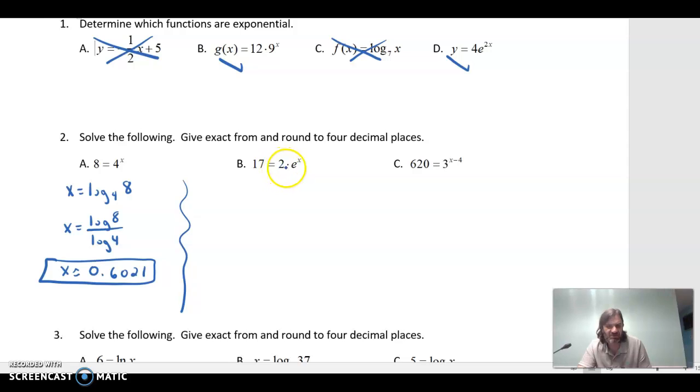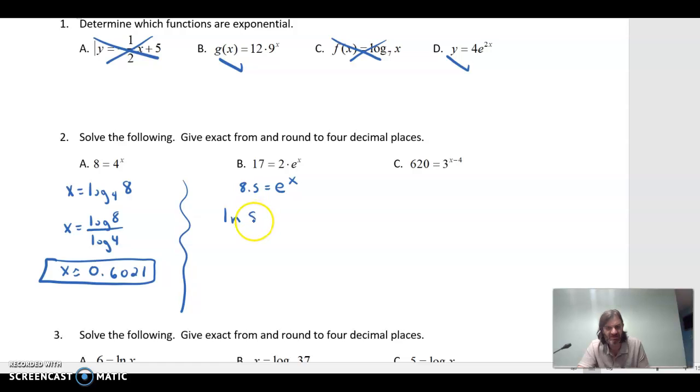The next one, B. 17 equals 2 times e to the x. Once again, the unknown is in the exponent position, so we need to change it to a logarithm. But first, let's divide by that 2. 17 divided by 2 is 8.5. So that'll be 8.5 equals e to the x. And we can change this one to the natural log.